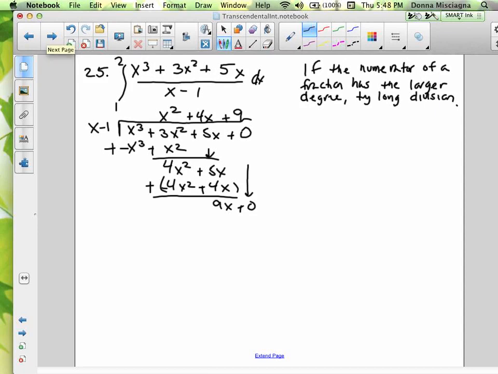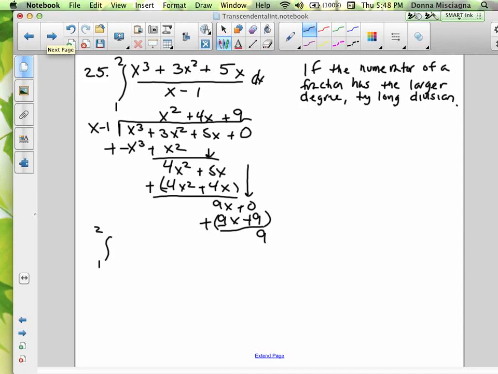9 times x would be 9x. 9 times negative 1 would be negative 9, and subtraction means to add the opposite. That'll be 9. So now rewritten, this will be the integral of, and we haven't done any u-substitution.